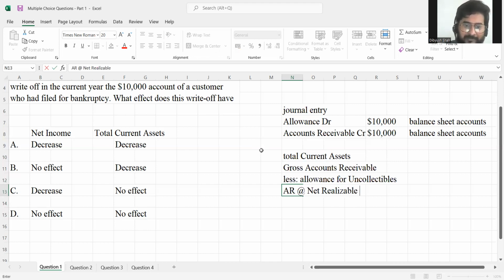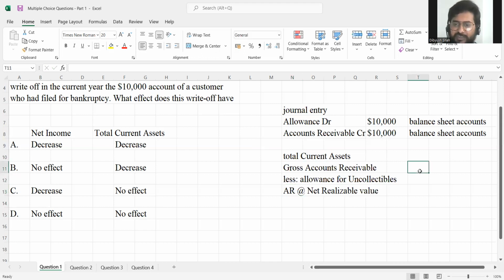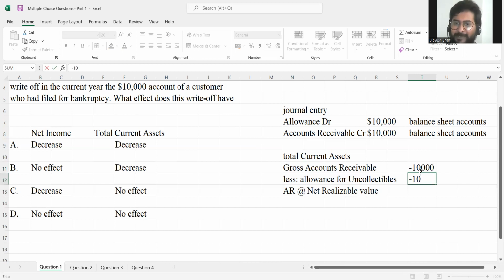So what will be the effect of this entry? This entry will reduce your gross accounts receivable by 10,000. It will also reduce your allowance by 10,000. So the net effect is the same. AR at NRV will be the same. There will be no difference.